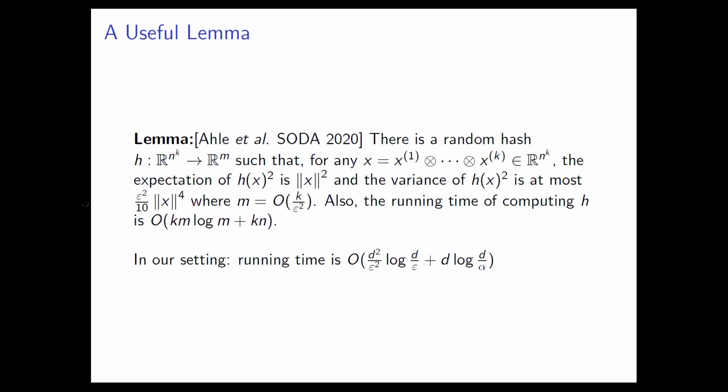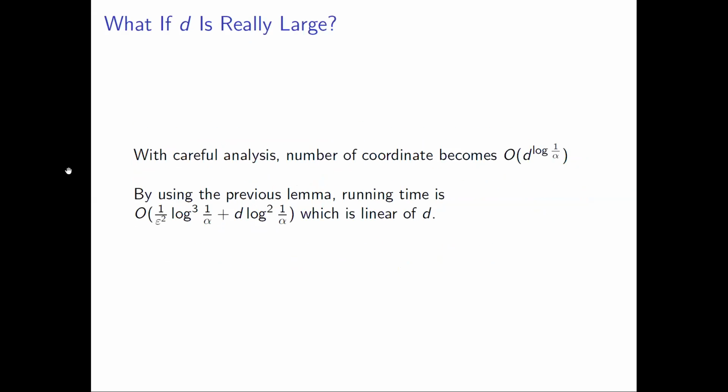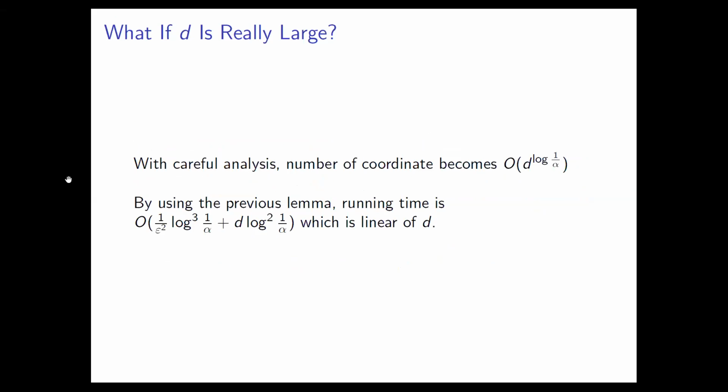So if we apply this lemma in our setting, we can construct our mapping in d squared by epsilon squared log d by epsilon plus d log d by alpha time. But what if the dimension d is really, really large?